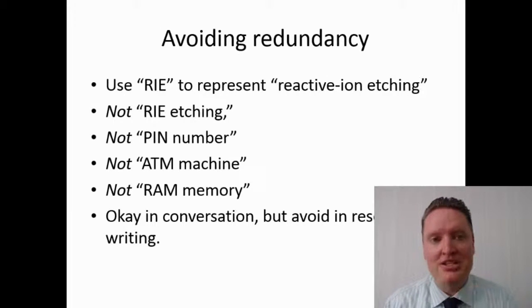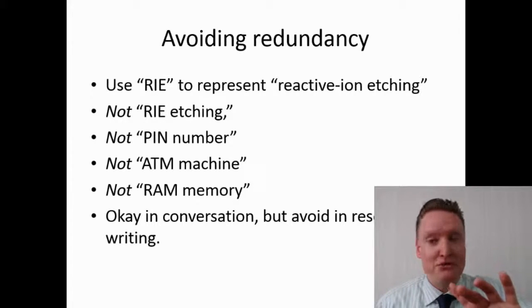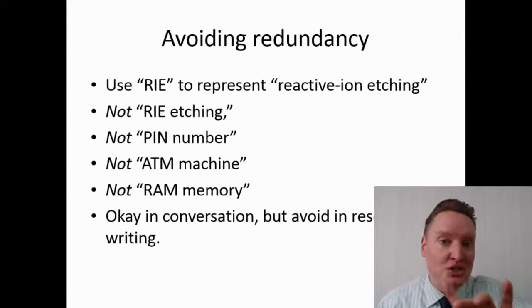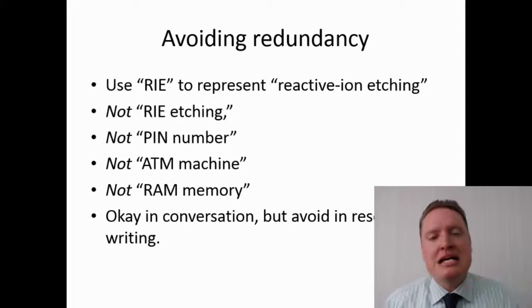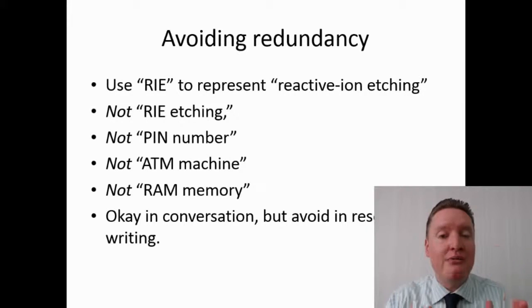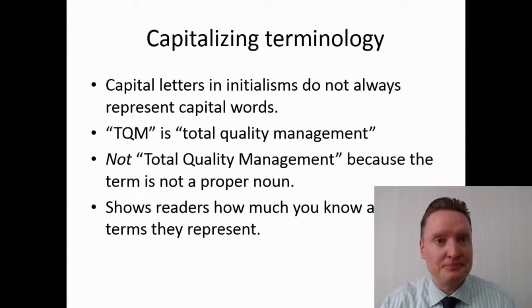Just say PIN by itself. Or ATM, now that's automatic teller machine. But if you say ATM machine, you're saying machine machine. Or RAM memory, random access memory memory, you're saying memory twice. Now, in conversation, this is probably fine, but in research writing, because we want to be formal and we want to be correct and we want to show our reader that we know what we're talking about, we don't want to have that redundancy, so we want to make sure that we use our initialism or acronym correctly.